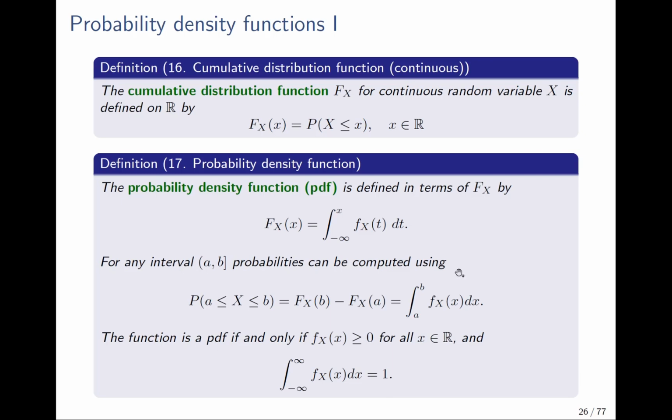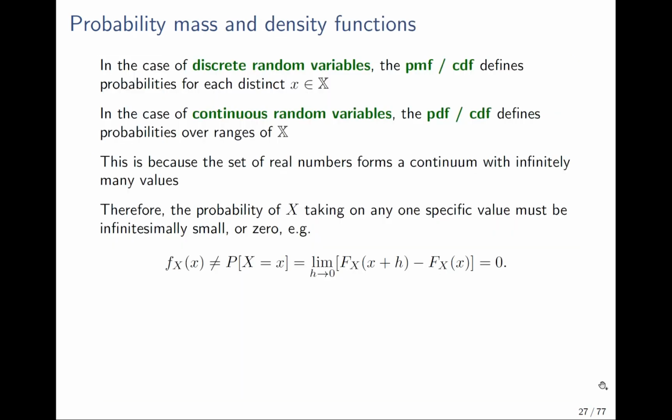Now, I hope it's obvious why we need to talk about probabilities in terms of ranges rather than individual values for the continuous random variable, but just to be absolutely clear, in the case of discrete random variables, the probability mass function or the cumulative distribution function define probabilities for each distinct value of x, and that's because the support is countable.